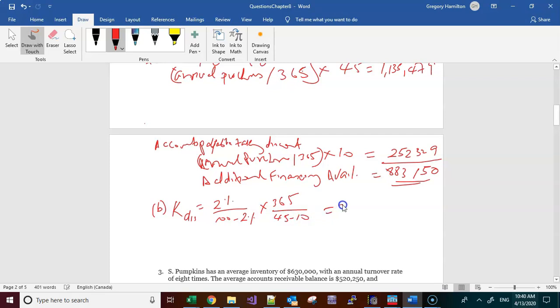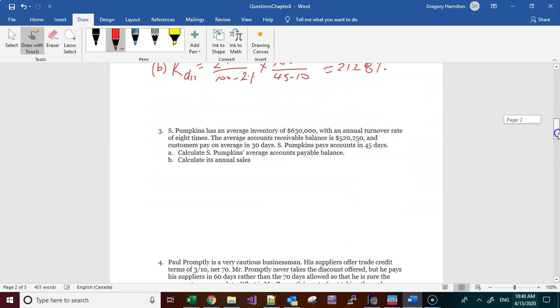And this will be 21.28%. So that's the percent for question number 2.